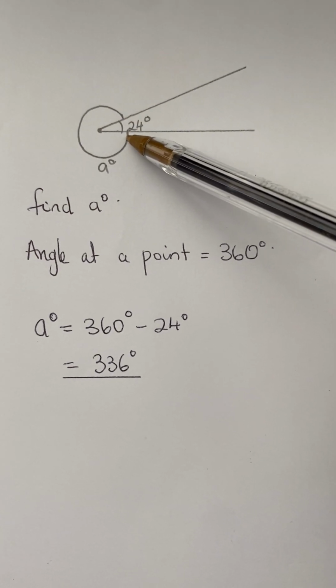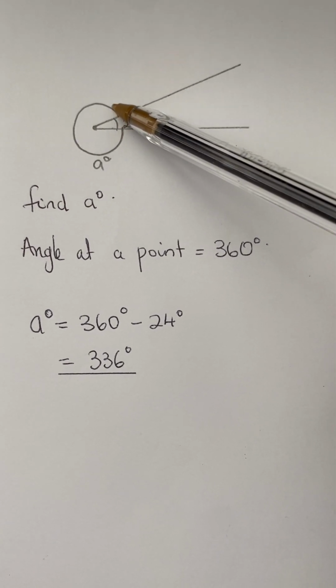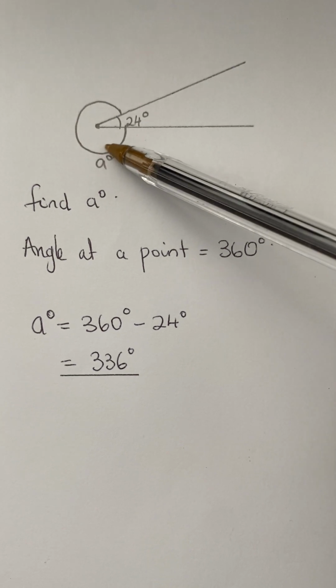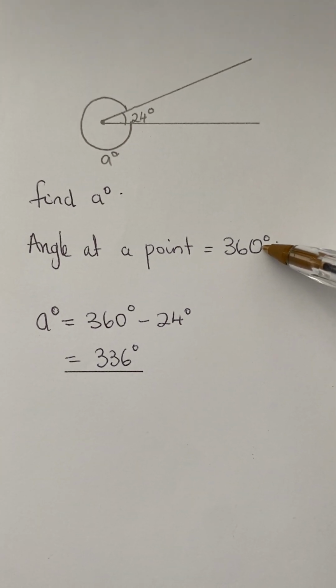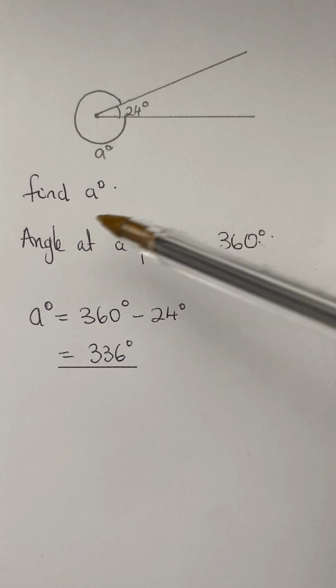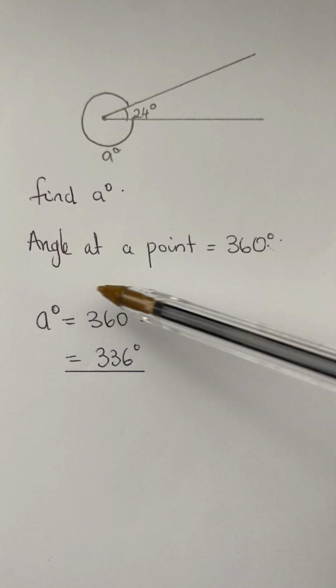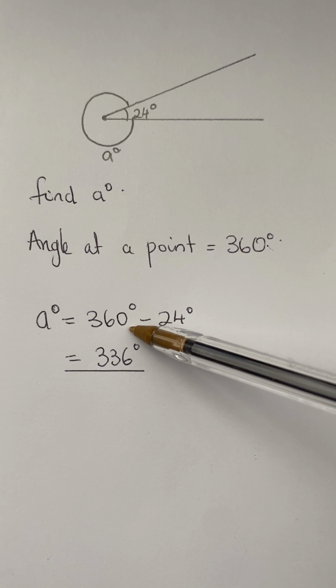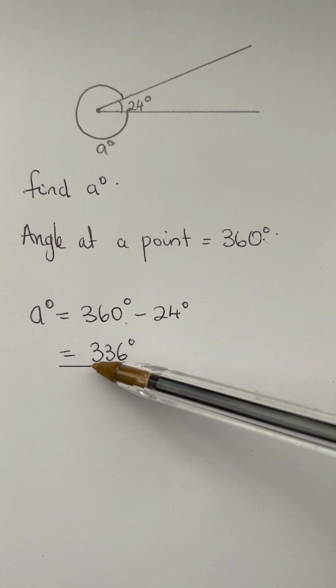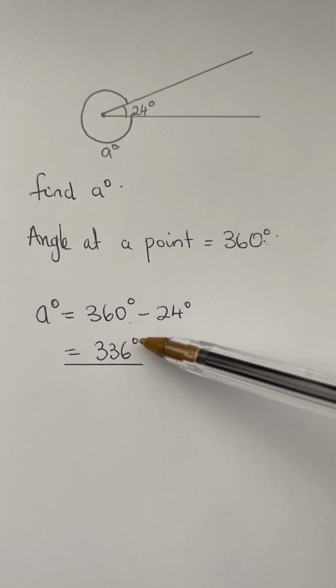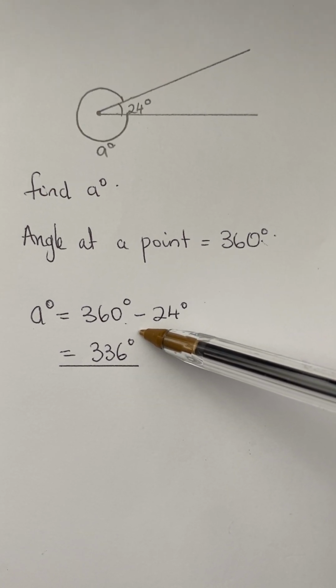If you take this as a circle and you move all the way around, it's 360 degrees. So A degrees will be 360 degrees minus 24, and that will be 336 degrees.